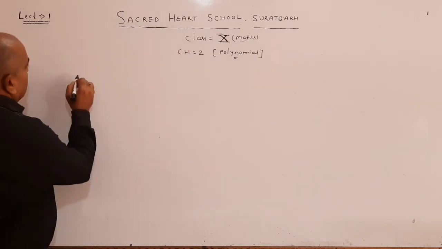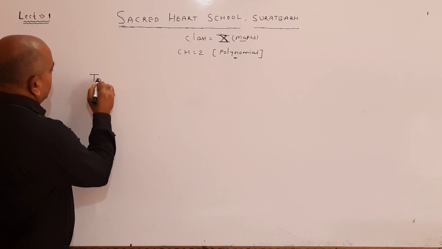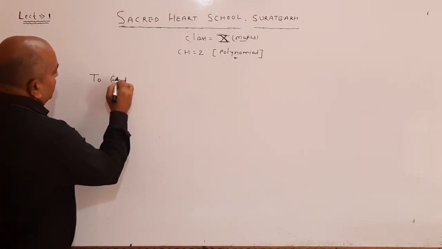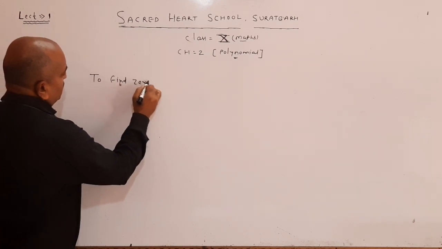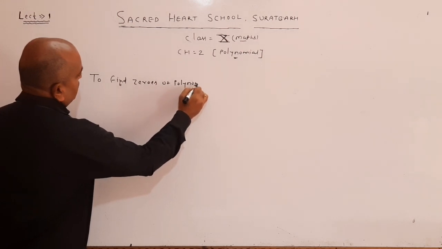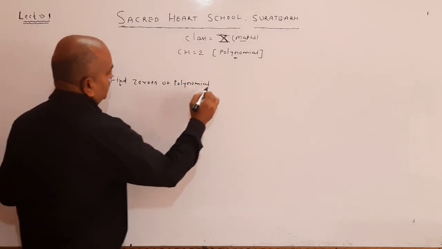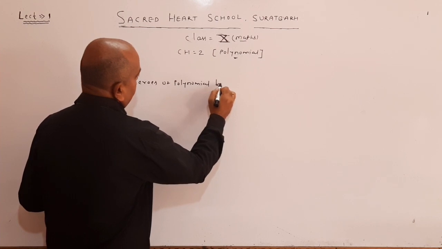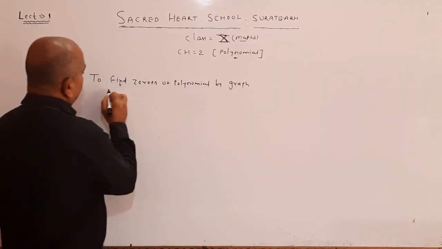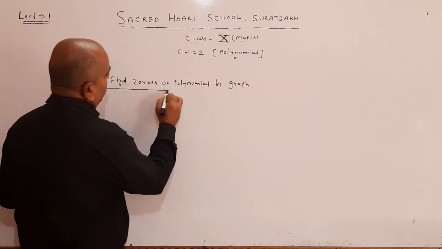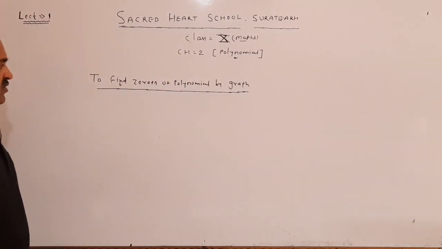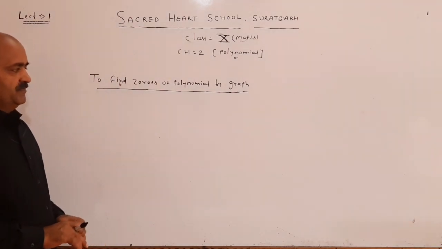Yes students, now the next topic, to find zeros of the polynomial by graph. Students, what is the meaning of zeros of the polynomial by graph?